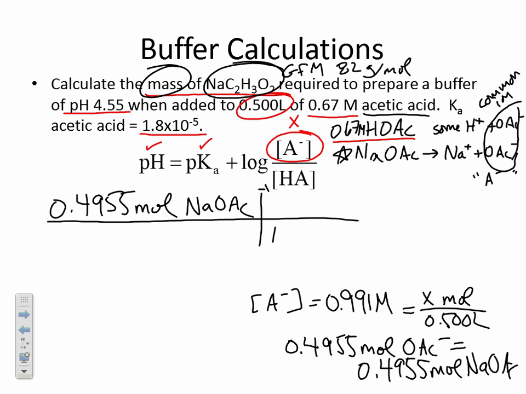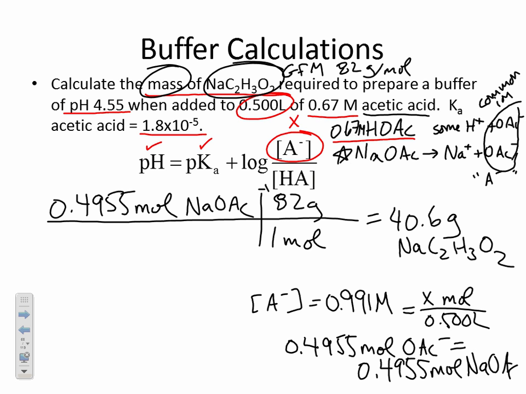So 1 mole of sodium acetate weighs 82 grams. Solving this, you're going to want 40.6 grams of sodium acetate in the 0.5 liter solution of 0.67 molar acetic acid, and that will give you that buffer with that particular pH.